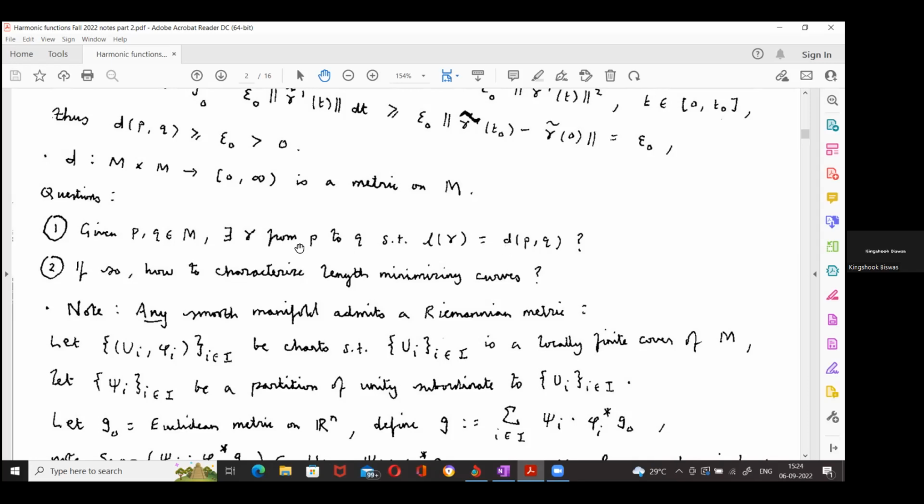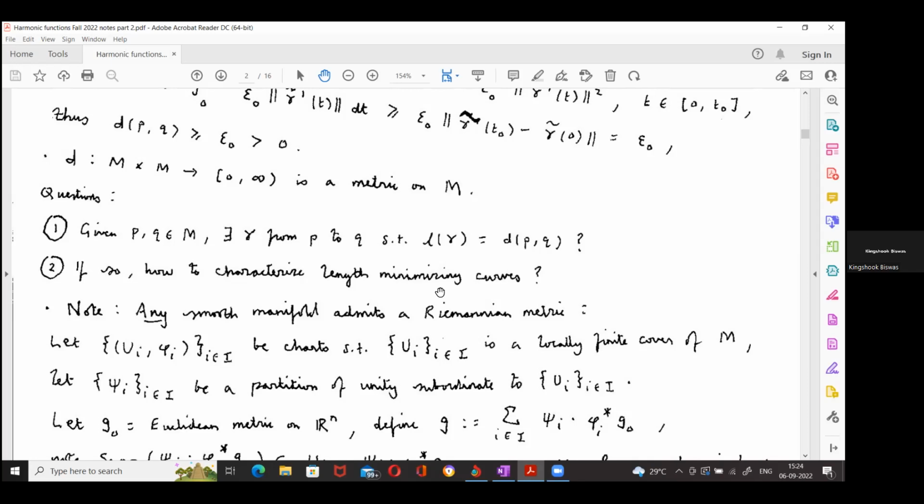The second question is, if such shortest length curves exist, how do we characterize these length minimizing curves? Is there some way to characterize them? For example, in Euclidean space we know the answers to both these questions. The shortest length curves are straight lines. And straight lines we can characterize as solutions of a second order differential equation: the second derivative is identically zero.